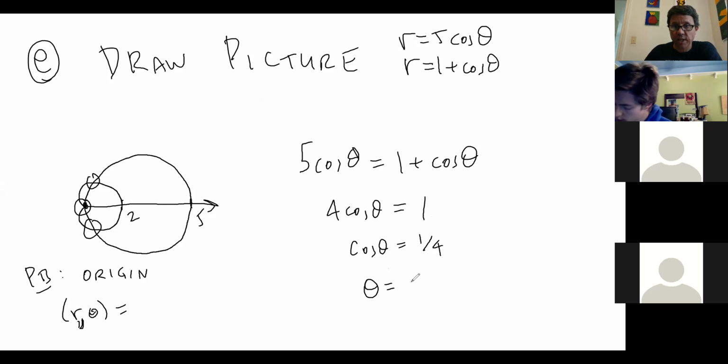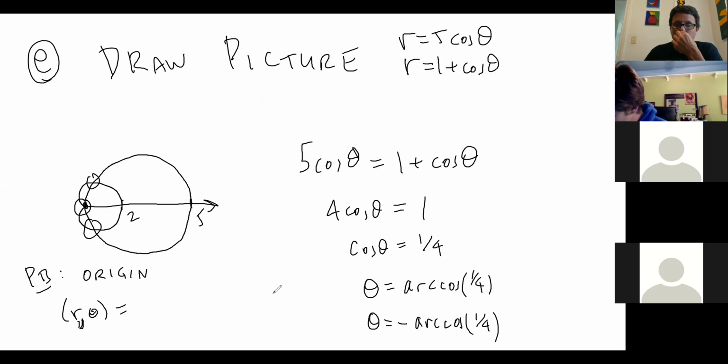One is the arc cosine of a quarter, and that's the top one. But by symmetry, the angle is also negative arc cosine of the quarter. You could either go up or you could go down, however you want to represent that point.